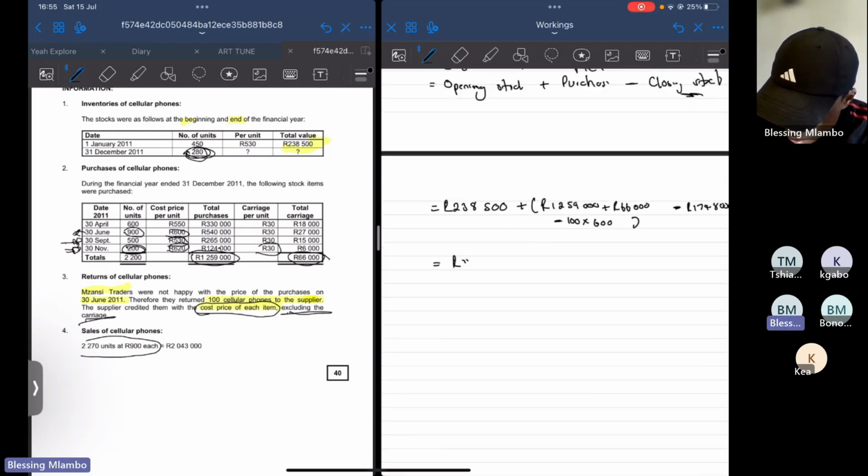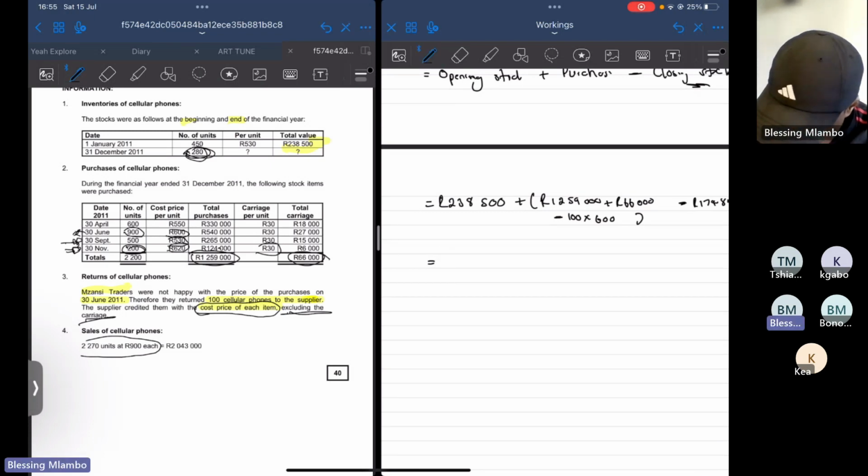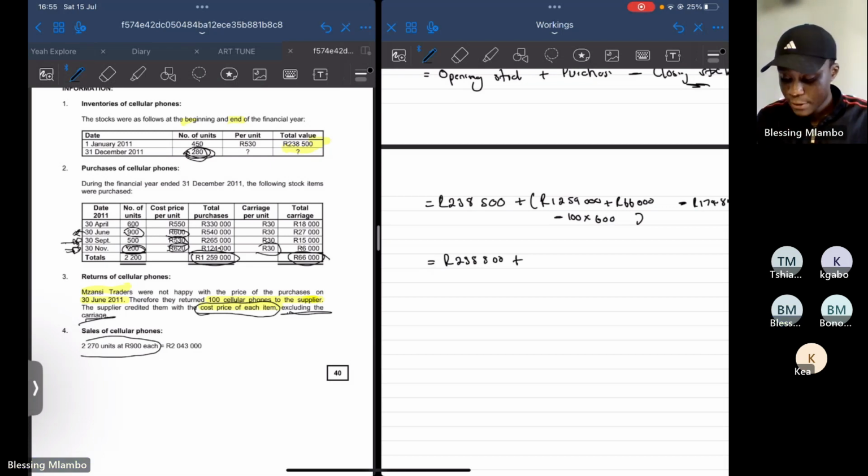So ultimately, we're going to have opening stock of 238,500, and then we add the net purchases, which is going to be 1,259,123 plus 66,123 minus 60,000.